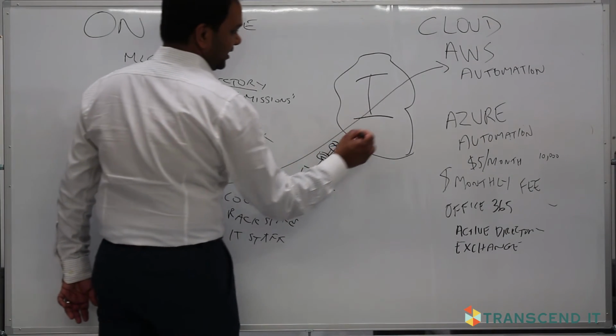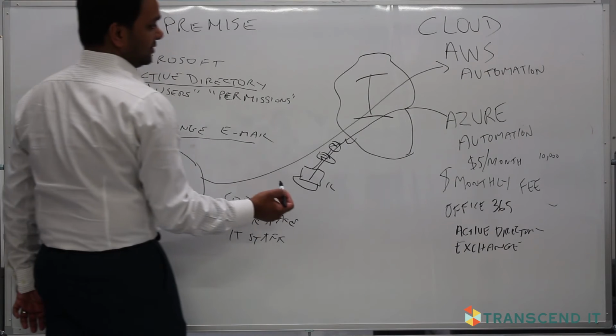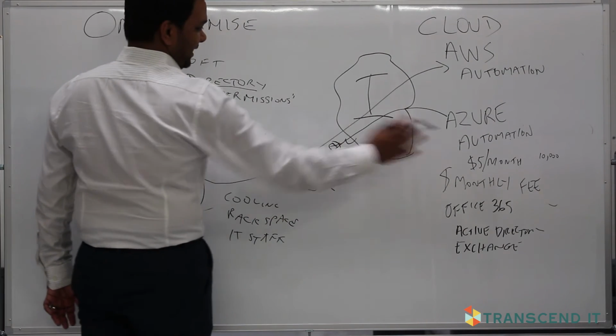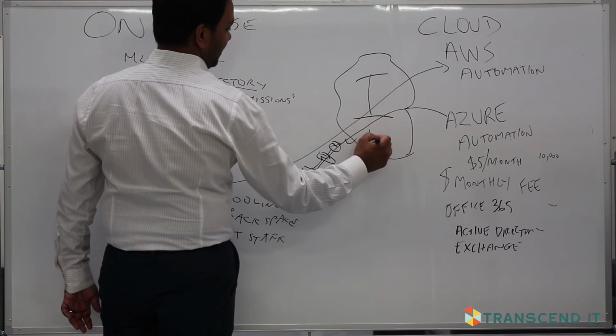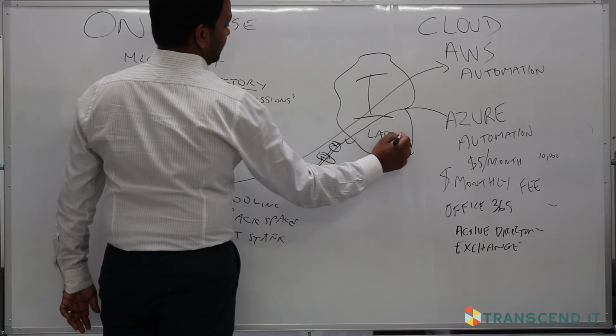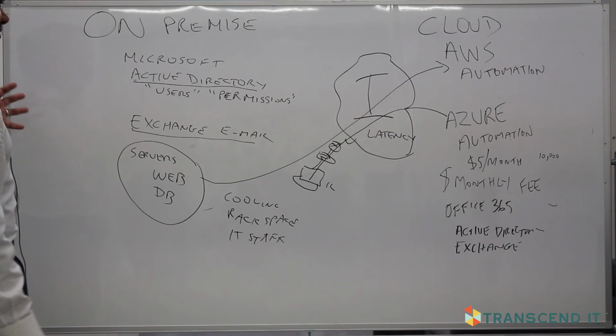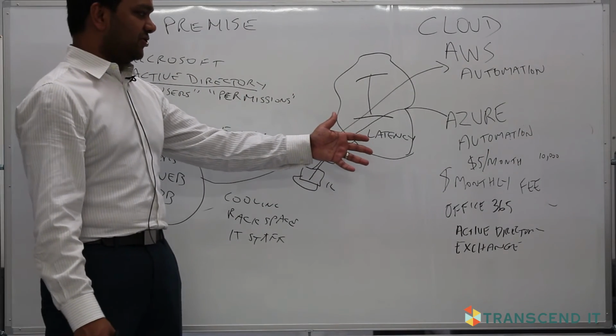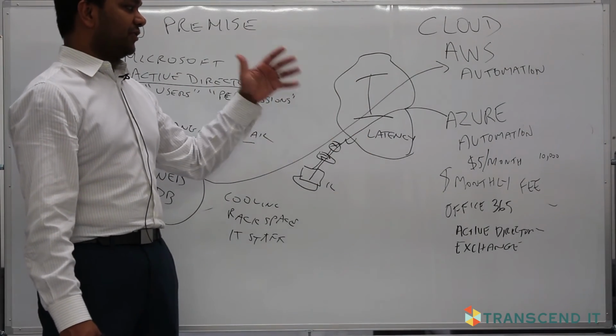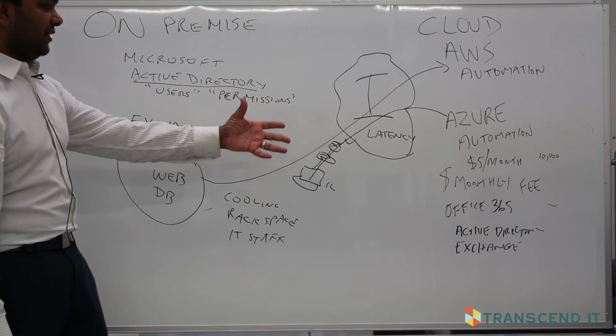So you are going to have to go a further distance to be able to get to this stuff, right? So you definitely add latency. So even though it sounds great and you're using all these fancy automation tools over here, you can get things up and running faster, and you just pay a monthly fee.